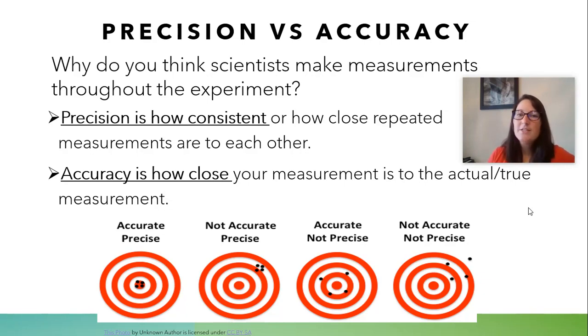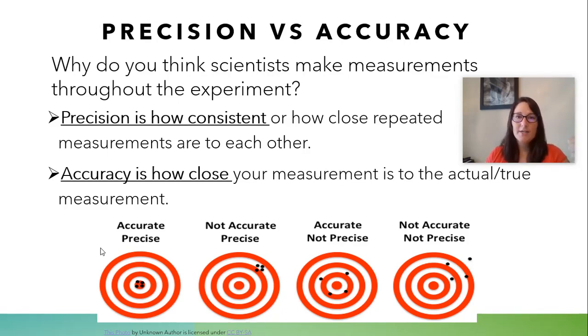So imagine you're playing darts. When you're playing darts, you're trying to hit the bullseye, that middle red circle. So the first picture, I'm circling it, this is accurate and precise. Those black dots are your darts, and your darts are hitting in that middle red circle.